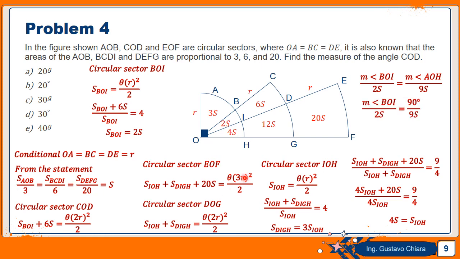So reducing this expression, we get that the measure of the angle divided by 2S is equal to 90 degrees divided by 9S. And finally we get that the angle COD or BOI is equal to 20 degrees. Well, in that case, the answer is 20 degrees, and the answer of this problem is the letter B.